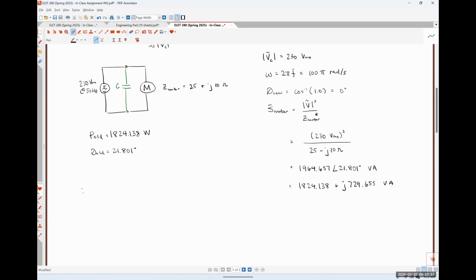So we're going to say that C needs to be 1824.138 watts multiplied by the tangent of 21.801 degrees minus the tangent of 0 degrees, all divided by 100 pi radians per second multiplied by 230 volts RMS quantity squared. And I'm going to put that into my calculator real quick.